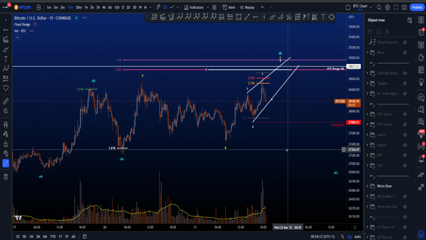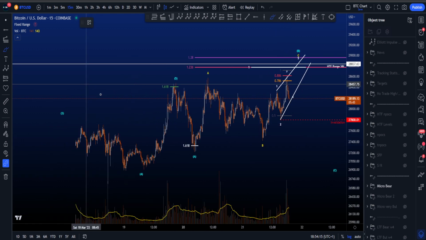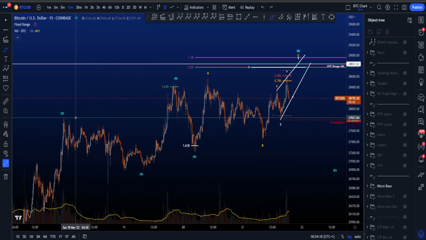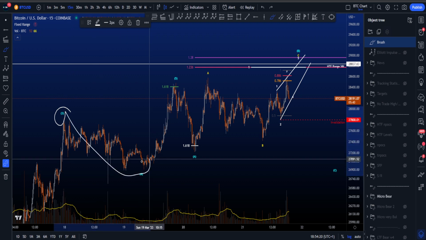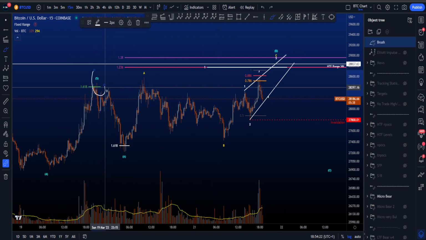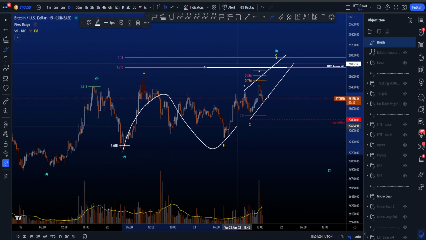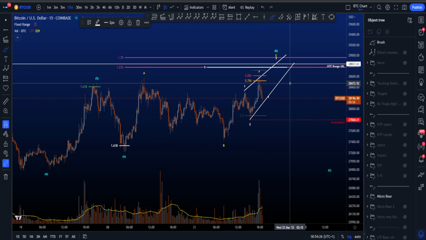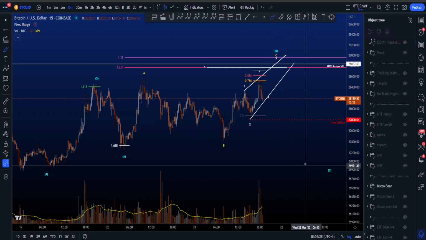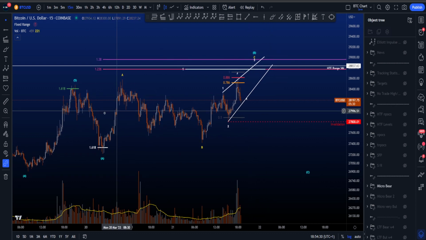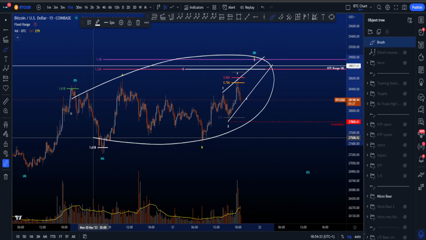But then if we zoom into the absolute low time frames, then over here you can see this wave 5 ended perfectly at the 1.618, taken from the high of 3 to the low of 4, which is very nice. 3 waves in A, 3 waves in B, as explained earlier, and then we expect a C to the downside. But this is then a corrective structure in this scenario.